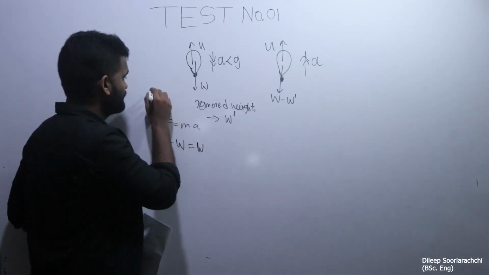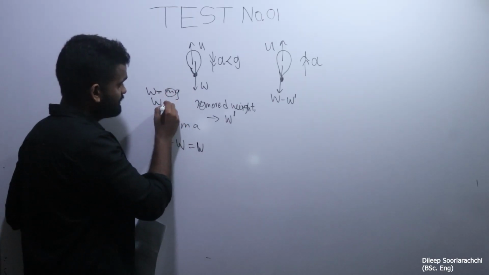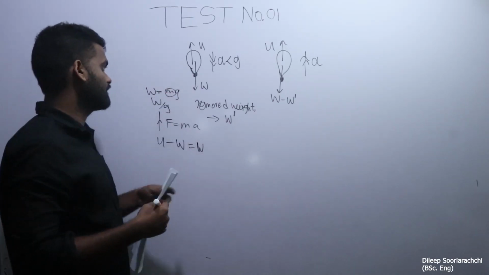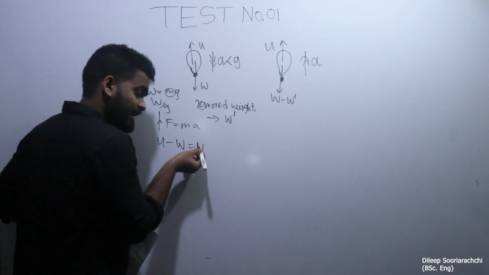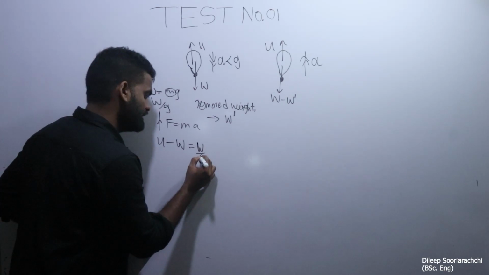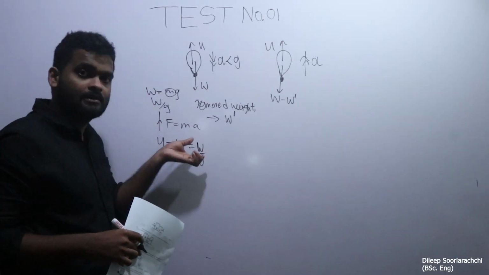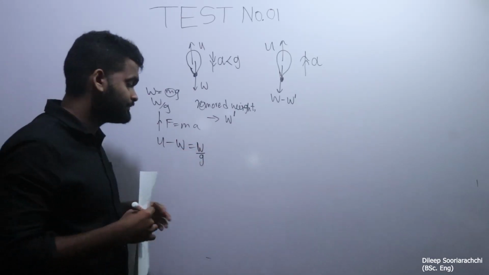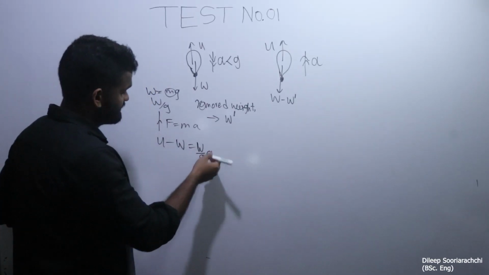So the mass should be W over g. You have to use mass here, so you cannot put weight here. So you have to divide the weight by gravitational acceleration in order to get the mass of the balloon.